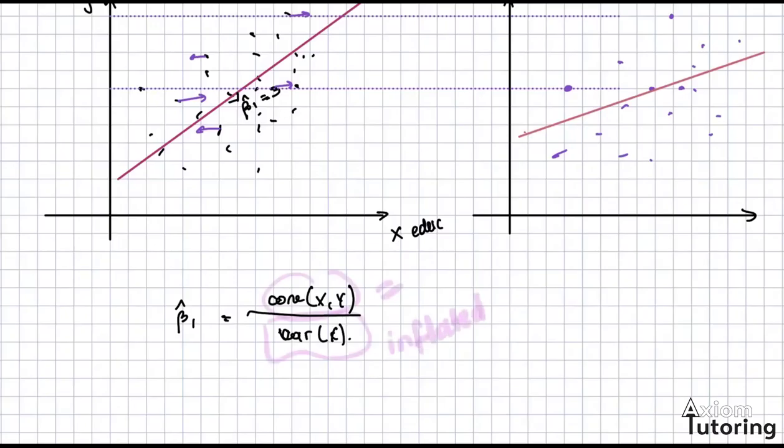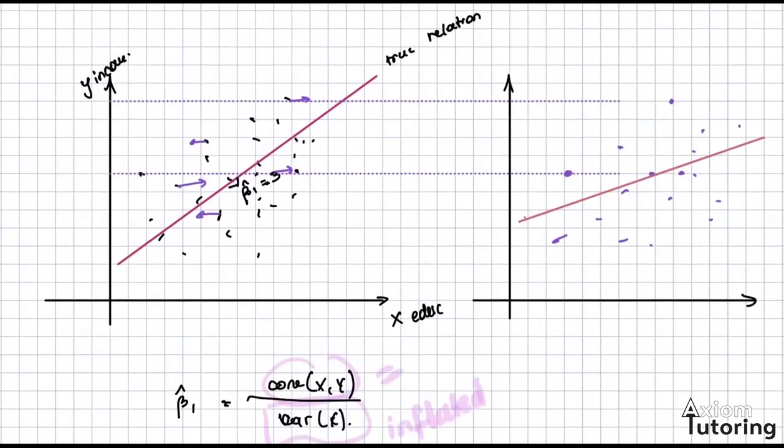Because the denominator is inflated, you have the same number over a bigger number, which means your beta 1 is going to shrink, because the ratio shrinks. That means the slope flattens. This is why horizontal noise is so damaging: it inflates the denominator without touching the numerator. So the fraction gets smaller and the slope gets pulled towards zero.